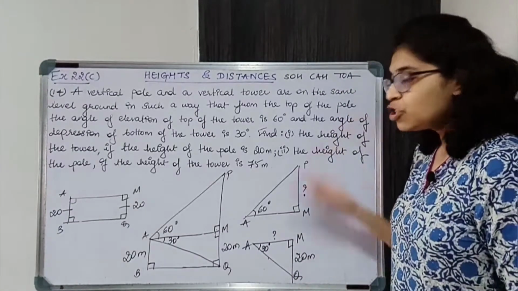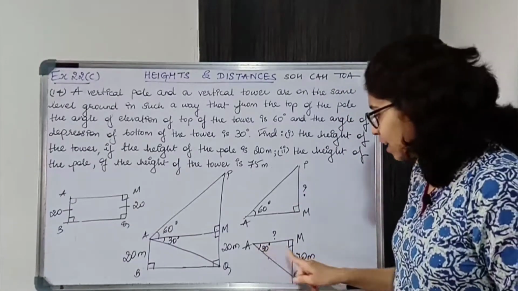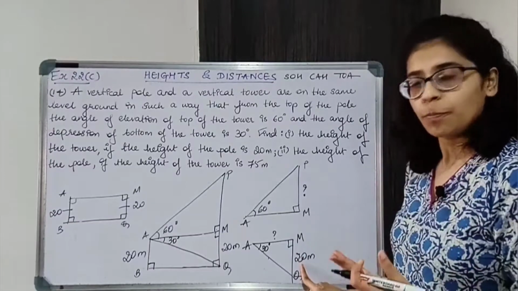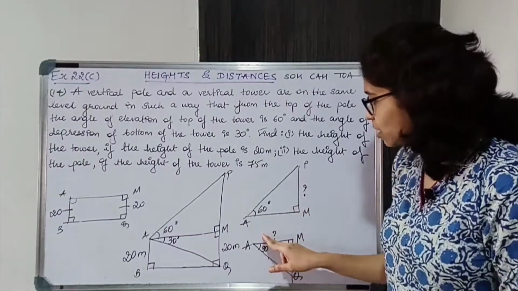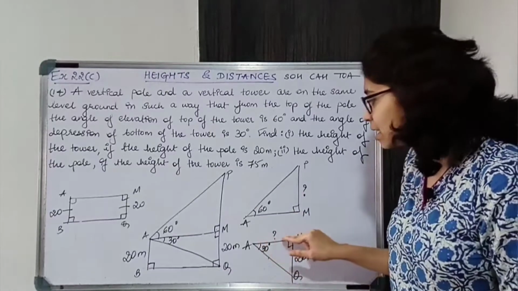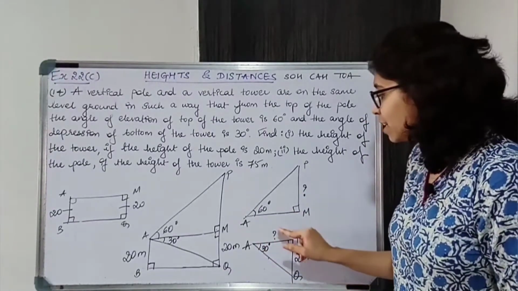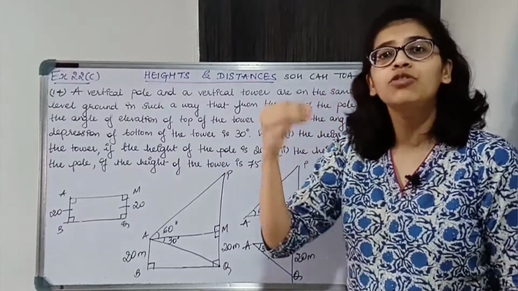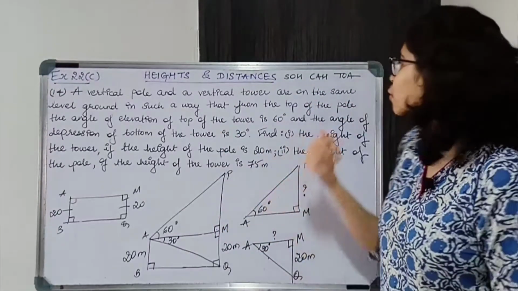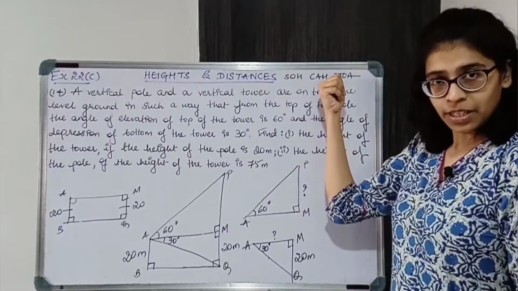Okay, which trigonometric ratio? The opposite of the angle we know. The adjacent of the angle we have to find. This is the adjacent side, this is the hypotenuse. So we want the relation between opposite and adjacent. You get the relation of opposite and adjacent from which trigonometric ratio? You get it from tan, TOA. Okay, tan of the angle.